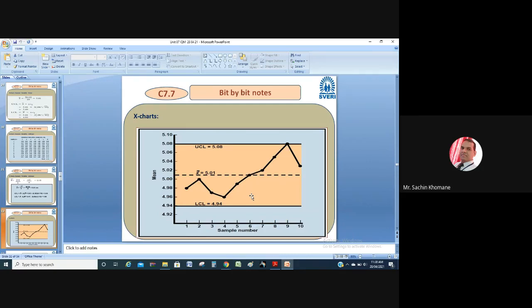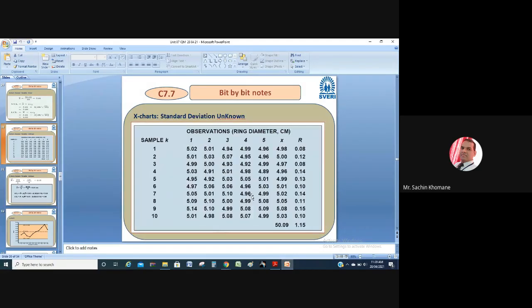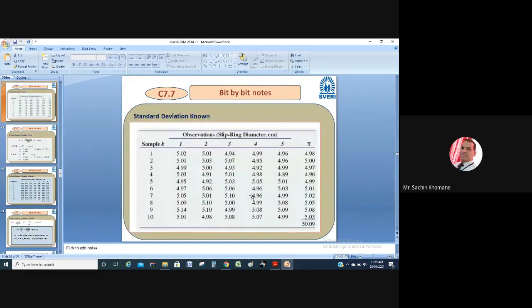You have drawn the things for a certain component. Which component have we taken? I think we have taken the slip ring diameter, right?